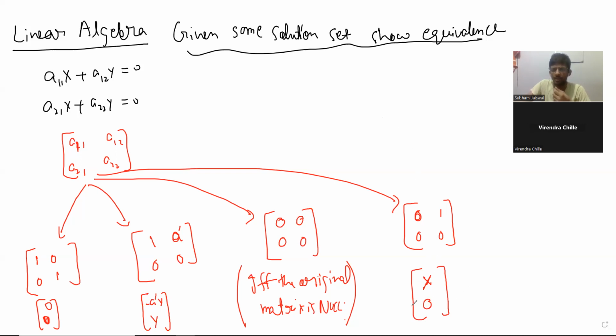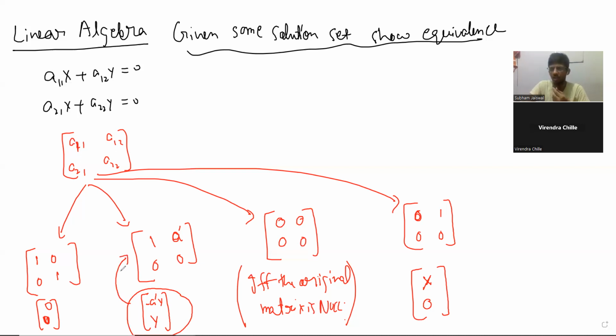So you see, basically for every type of solution set, you are getting a unique row reduced echelon form.